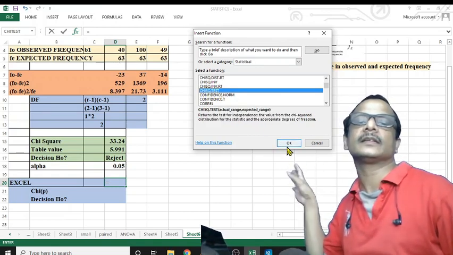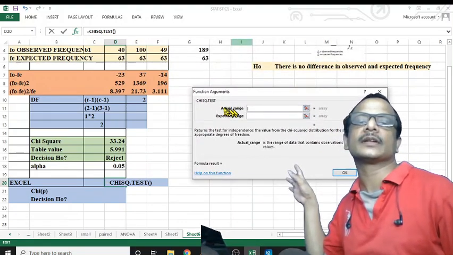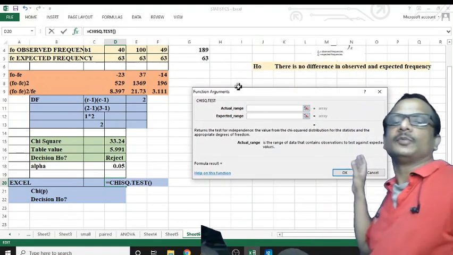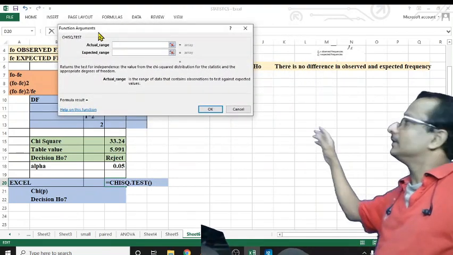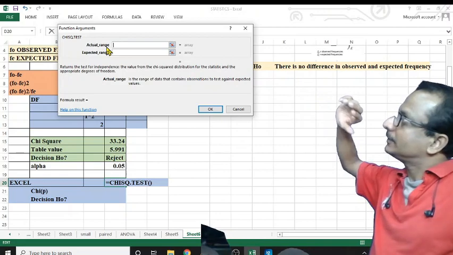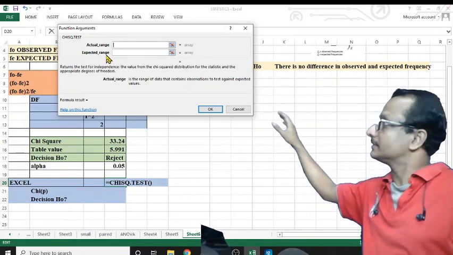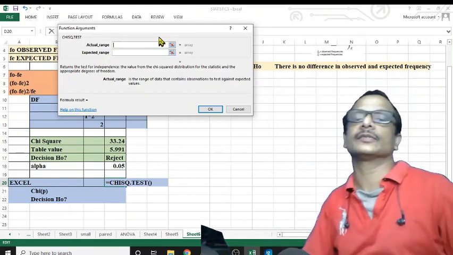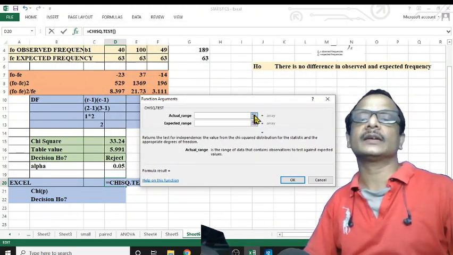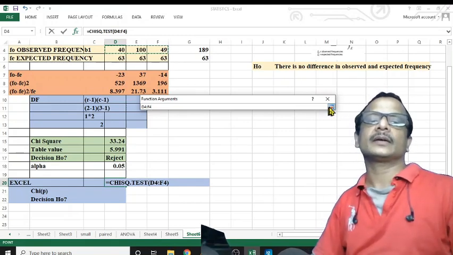Just select that test and select the actual range. In this box you can see the actual range. Actual range means the actual frequency, the observed frequency. Expected range means the expected frequency. Click on this button to select the actual range and go back.